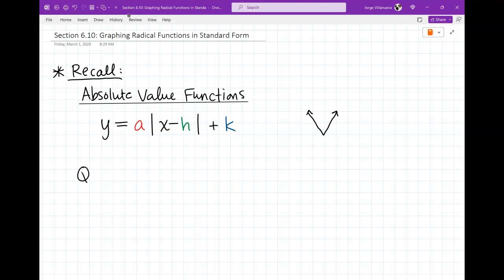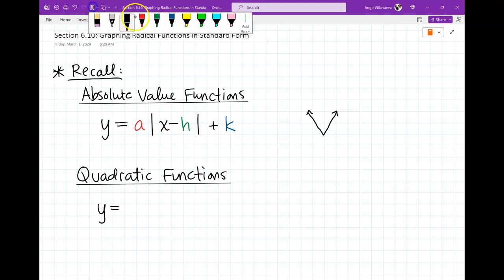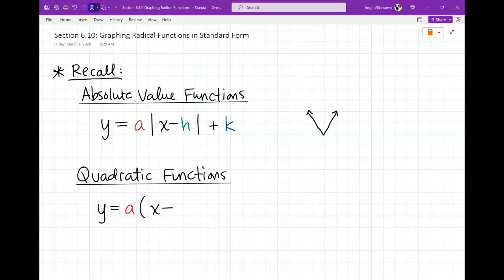Now, we also did quadratic. Okay, and quadratic functions look very similar to what I just wrote. It was y equal to, there was an A here, parenthesis, x minus, and I actually wrote this by accident up above.